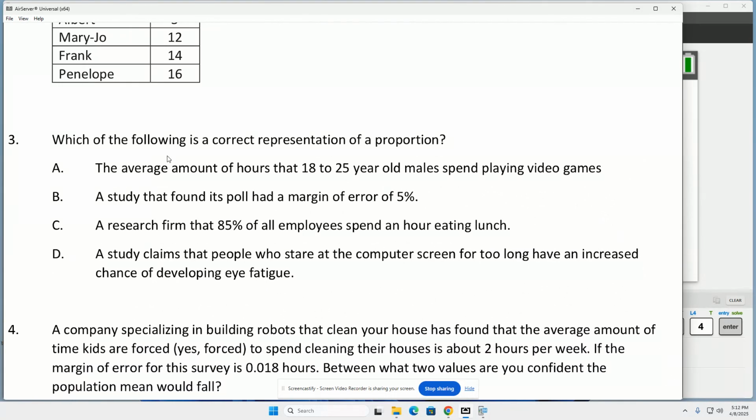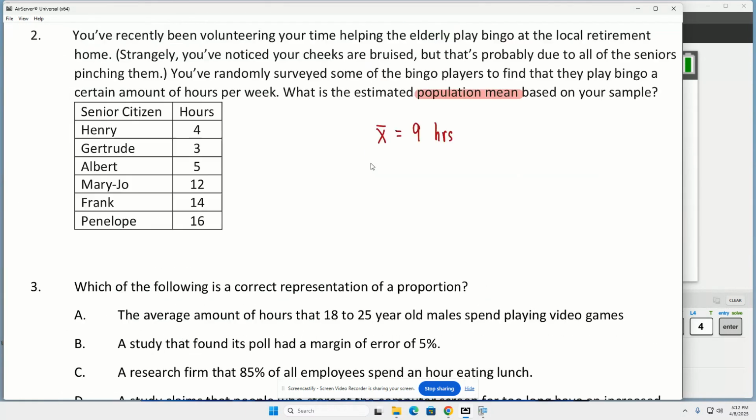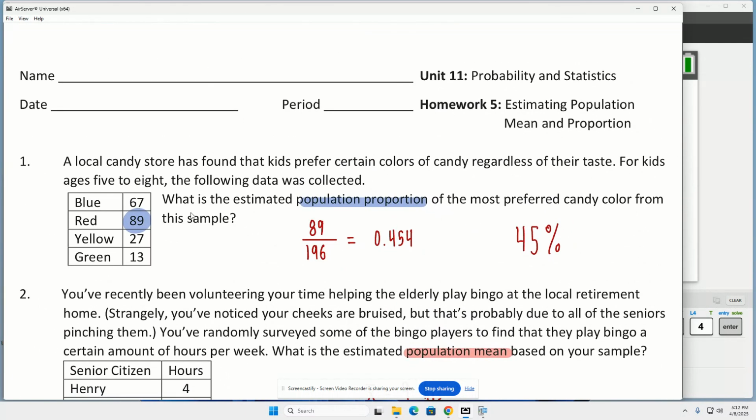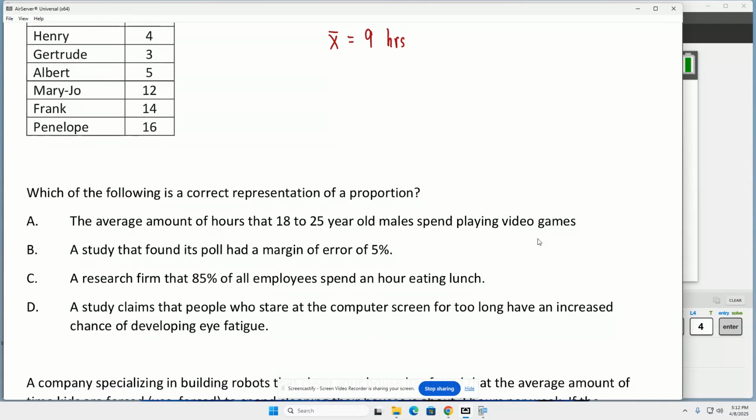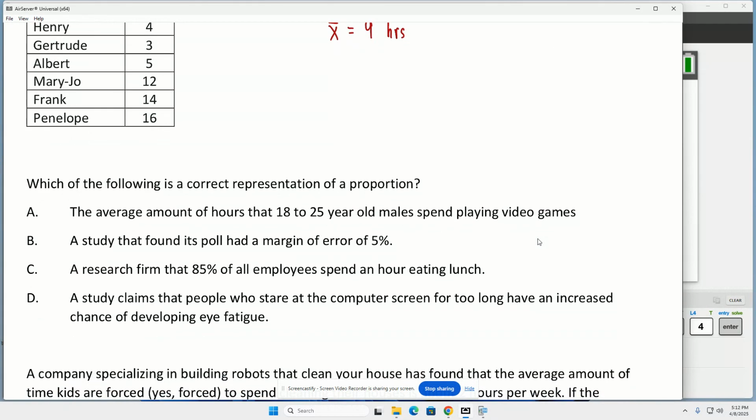Which one is the correct representation of a proportion? So remember what I said just a second ago when we did this problem? It's either going to be a fraction or a percent. So let's look at this. A, the average amount of hours that 18 to 25-year-old males spend playing video games. The average amount. Remember, average is mean, not proportion.